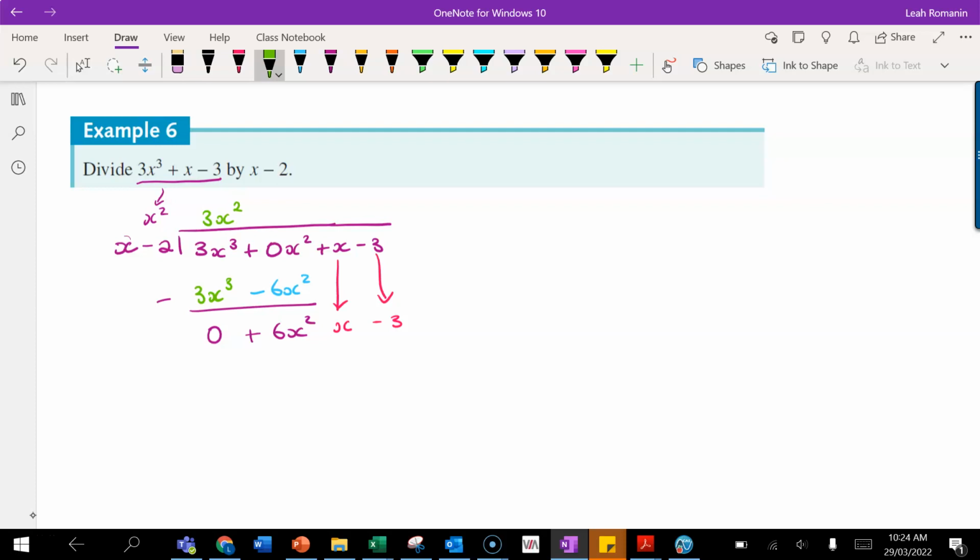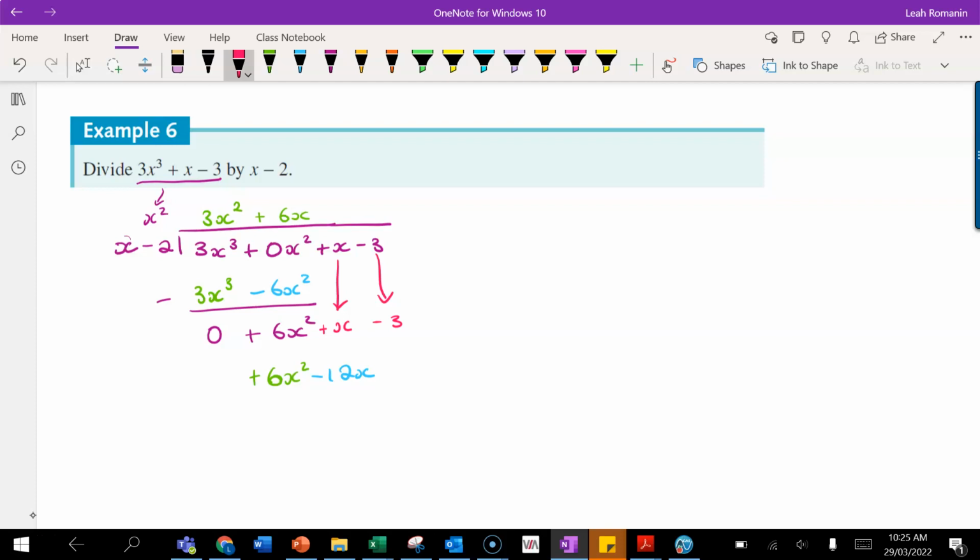Okay, 6x squared divided by x is going to be plus 6x. Multiplying that back out, so 6x times x is going to be 6x squared. And then 6x times negative 2 is going to be minus 12x.